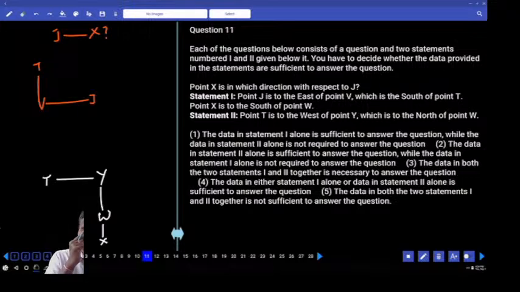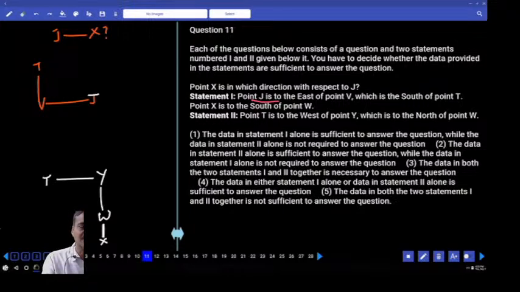In this case, can you identify the answer or not? Combining this: J is to the east of V, this is J. V is south of T, and X is to the south of W. T is to the west of Y, Y which is to the north of W. Then by combining these two, are you getting any answer here?